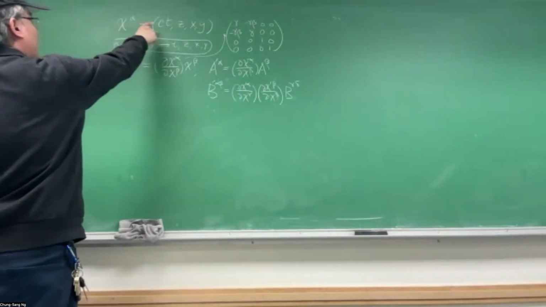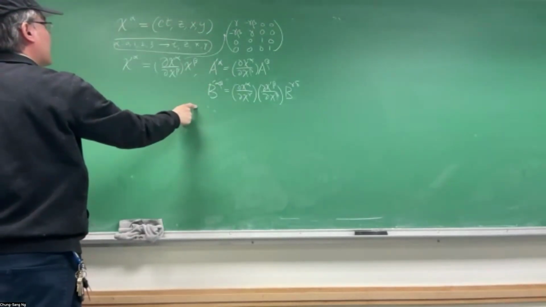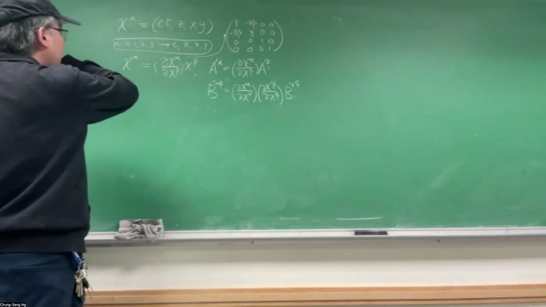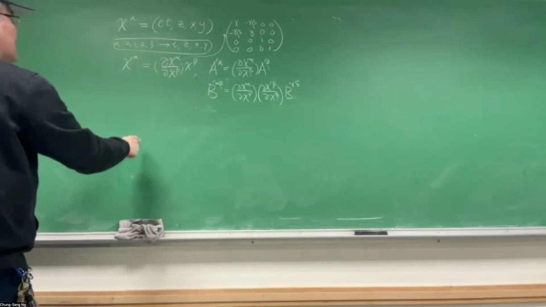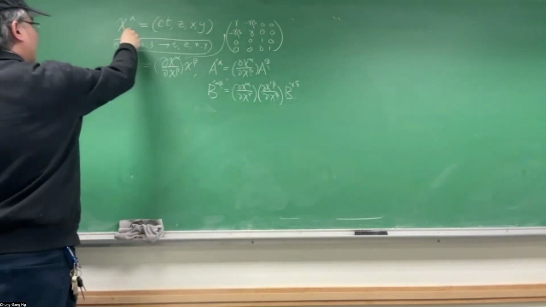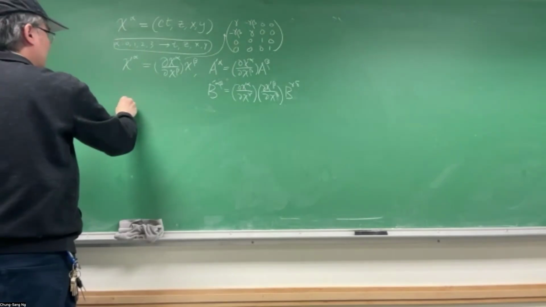Now after this contravariant four vector, I also want to define the covariant four vector. For the covariant, we are now using subscript.